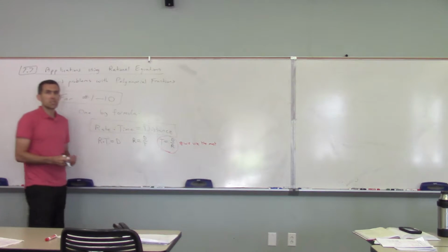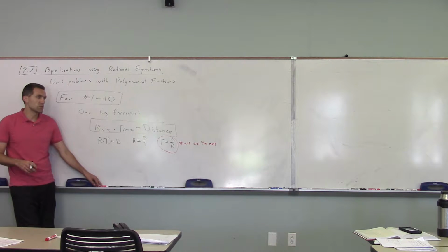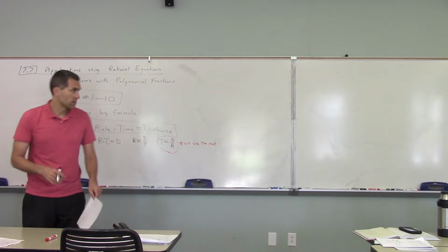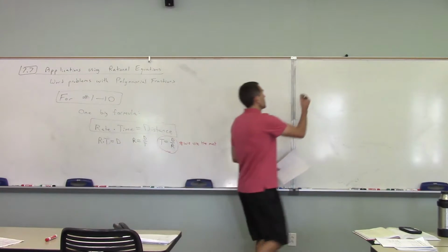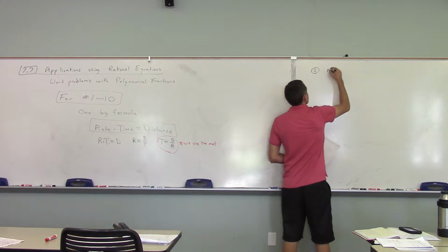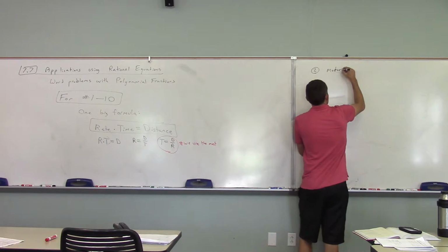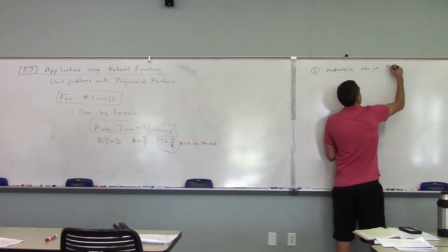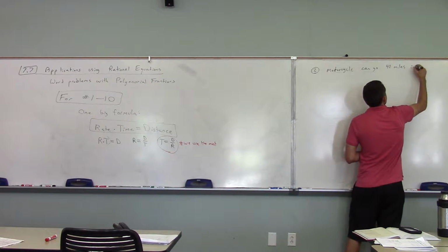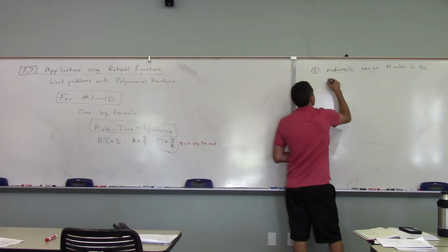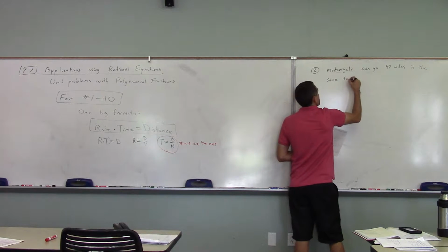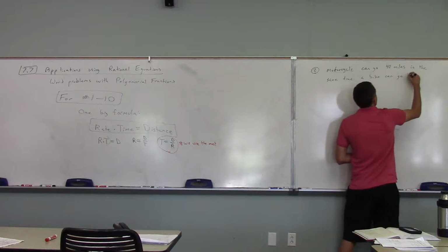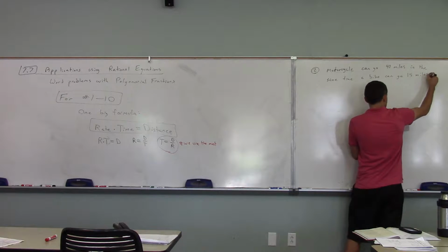Okay, so the same equation, just solved for three different variables. We're going to use that time equals distance over rate the most. All right, so let's just jump straight into the examples. Here's the example, okay? A motorcycle can go 40 miles in the same time a bike can go 15 miles.